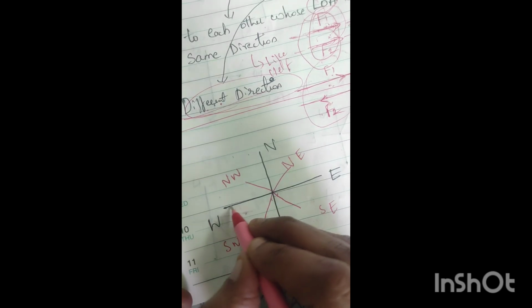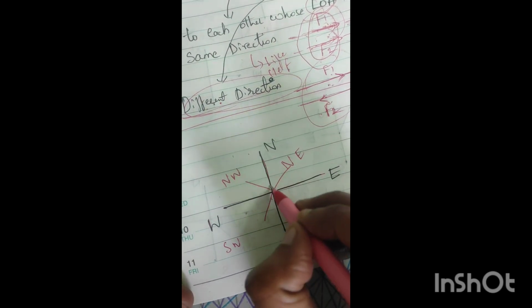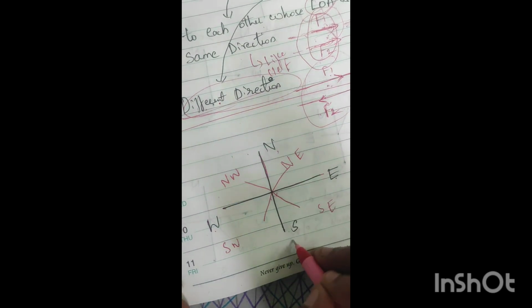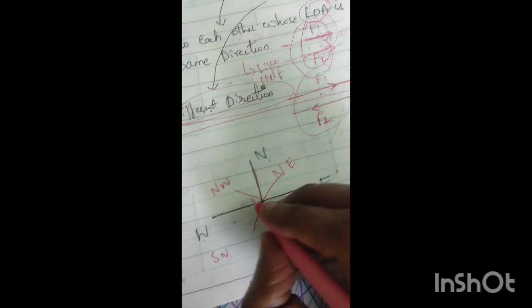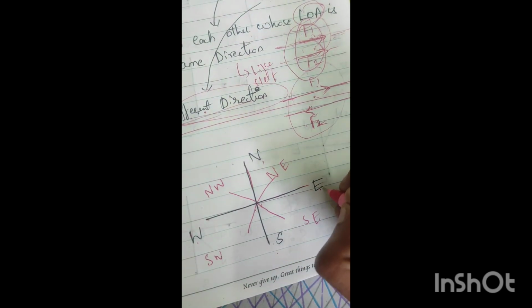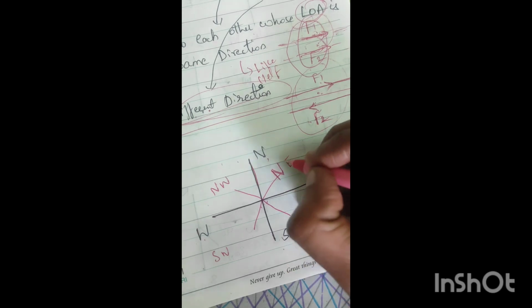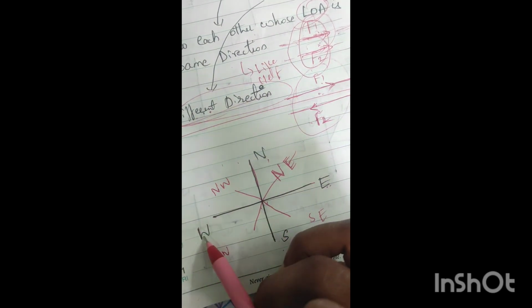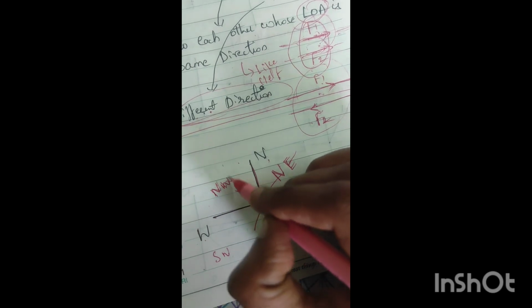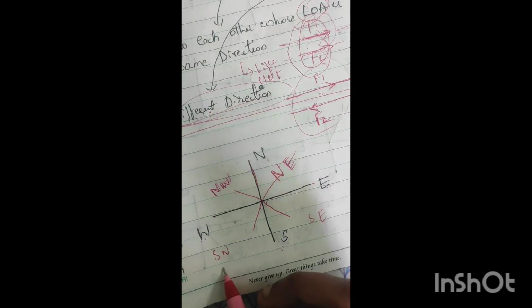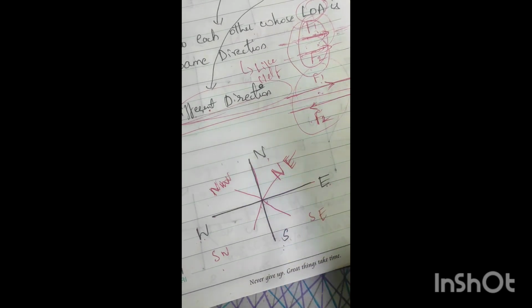As we all know, there are four directions: east, west, north and south. Whenever we make an angle between north and east, that is known as northeast. Between north and west, northwest. Between south and west, southwest. South and east, southeast.